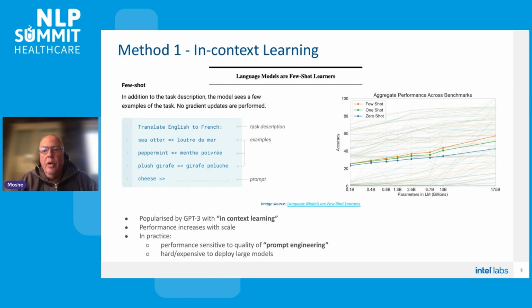And then finally, we ask the model to predict the output based on the instance. So in this specific example on the left side, we start by specifying a task, in this case translate English to French. And then we give some examples and ask the model to translate cheese to French, and hopefully the model will generate the right answer.